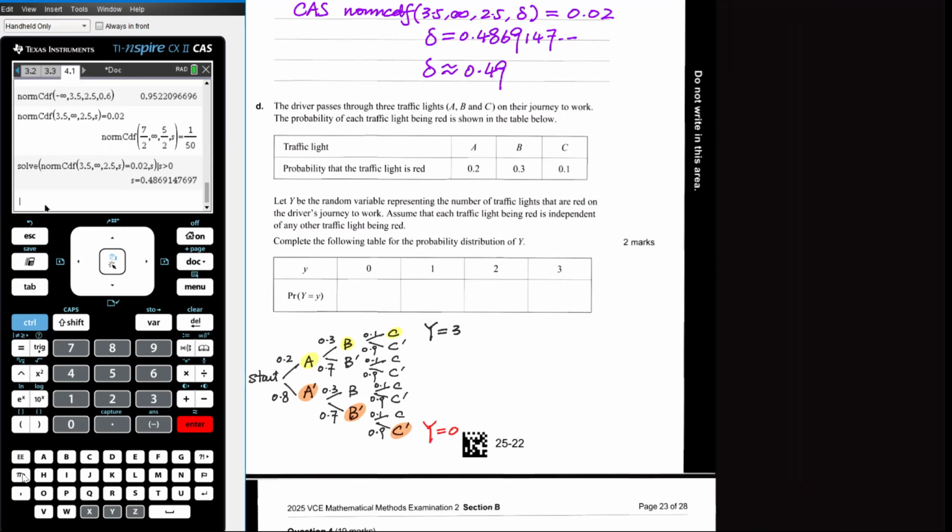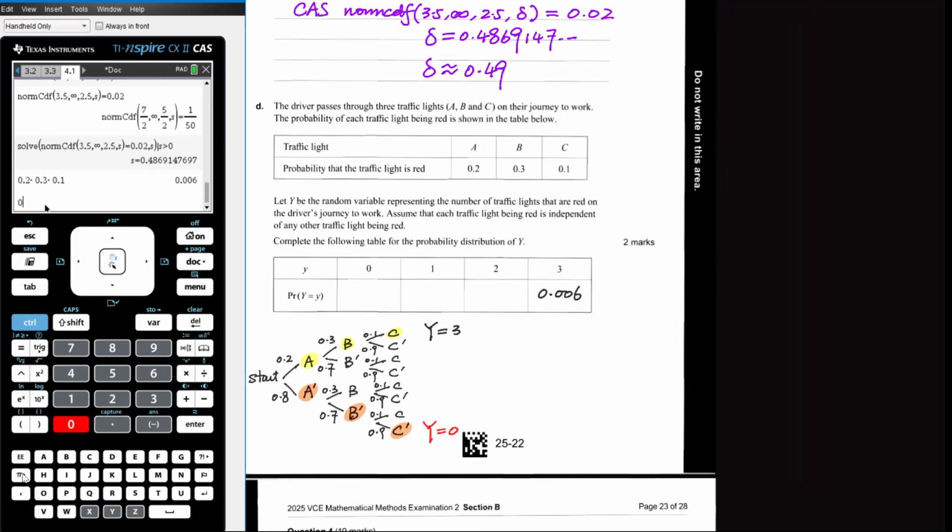So these 2 cases are the easiest to figure out. So I'm going to use 0.2 times 0.3 times 0.1. So you should be able to get 0.006 for Y equals 3. And if you use 0.8 times 0.7 times 0.9, that's 0.504.